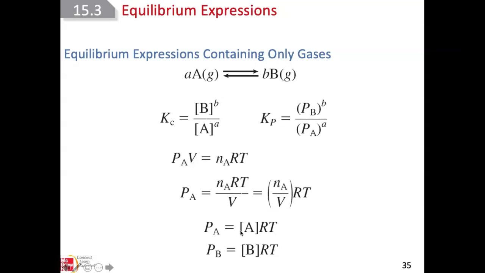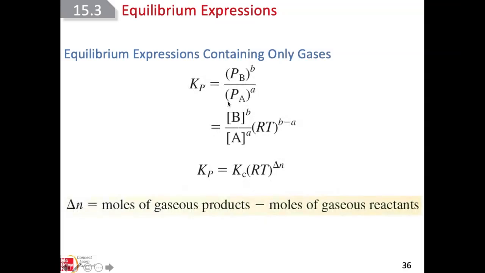So I will substitute for the PA and PB the expressions. So I'm getting the concentration of B over the concentration of A, times RT to the power of b minus a. So this b is the moles of the B substance, and this a is the moles of the A substance.